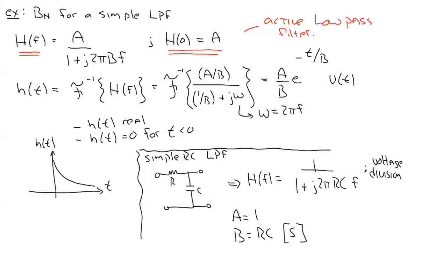So let's find the noise equivalent bandwidth of this type of filter. First thing I need is the modulus squared of H. That's just H times H complex conjugate, and that's just A squared over the quantity 1 plus 2 pi B f, squared.